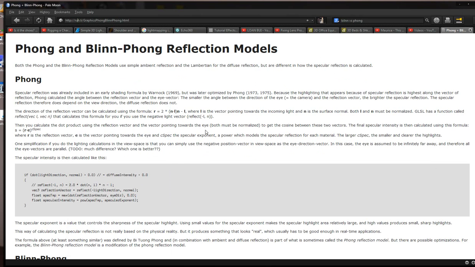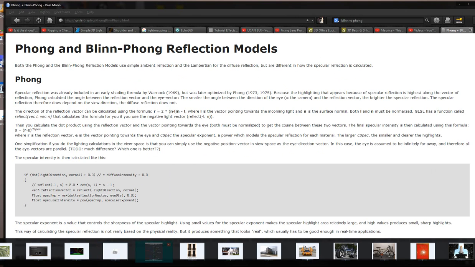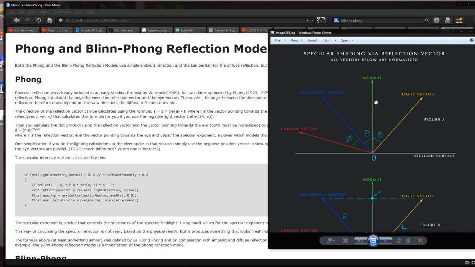conserves energy properly. So a Phong model first starts out, you have to be able to find the reflection vector, which is this one. So you know the angle of the light by using the light direction, and then you need to be able to find a reflection vector which has the same angle.